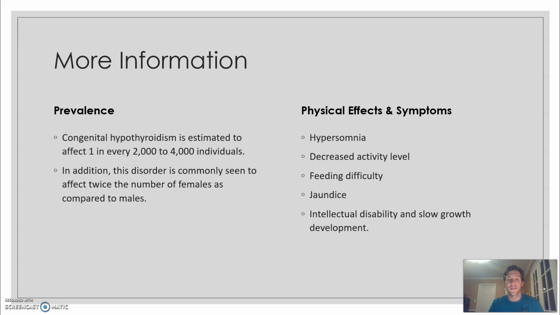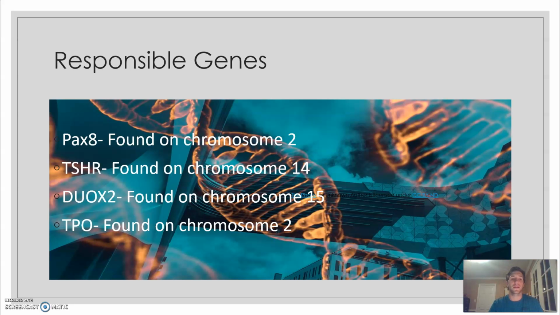They will have decreased activity level, feeding difficulty in infants, and jaundice, which is the yellowing of the skin in infants. If this disorder progresses without being treated, it can lead to intellectual disability and slow growth development.